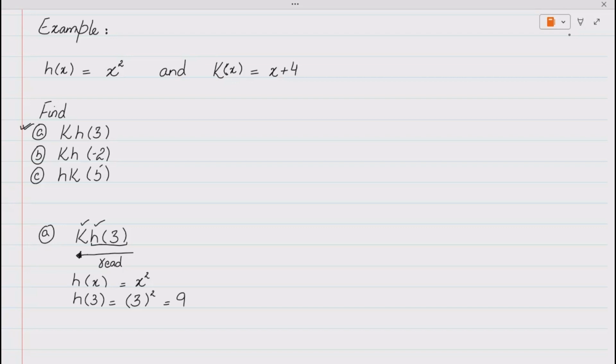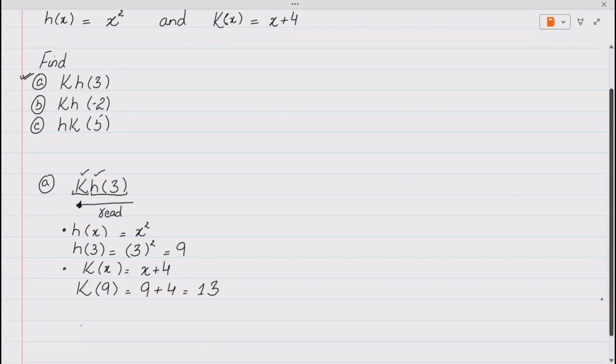Now k stays as it is, and h of 3 we found to be 9. So now we have to find k of 9. K of x is x plus 4, so 9 plus 4 is 13. So part A is done. So k of h of 3 is 13.